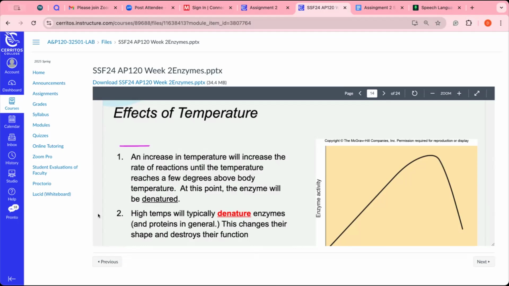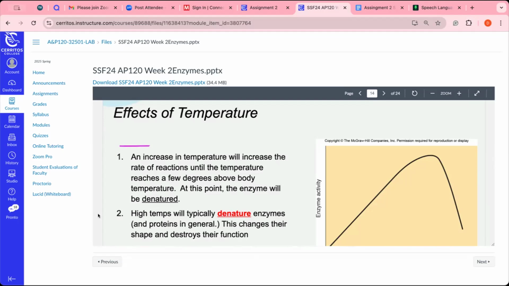So typically, a slight increase in temperature will help to speed up reactions. But if it gets too high, and here I believe he's talking about reactions in the body, because remember, we're talking about organic enzyme reactions.